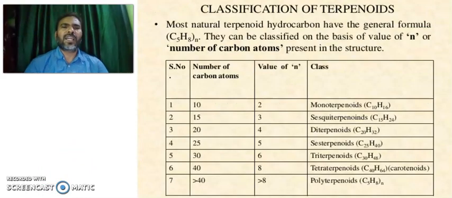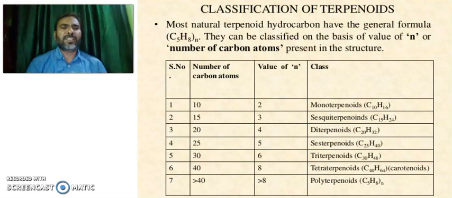So what is the classification of terpenoids? Most natural terpenoid hydrocarbons have the general formula C5H8-n. They can be classified on the basis of the value of n or the number of carbon atoms present in the structure. You can see serial number 1, 2, 3, 4, 5, 6, 7.